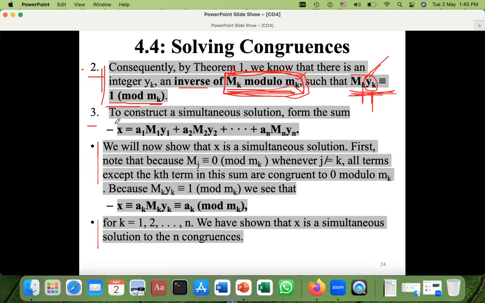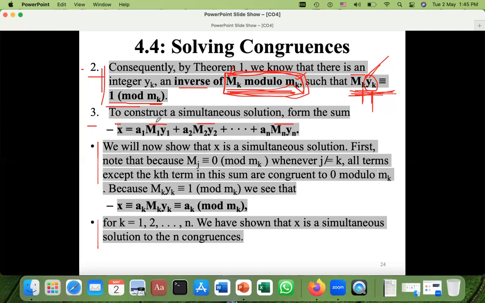Here you can find the equation where it is mentioned that x is equal to M1 y1, that form, plus M2 y2, up to Mn yn.